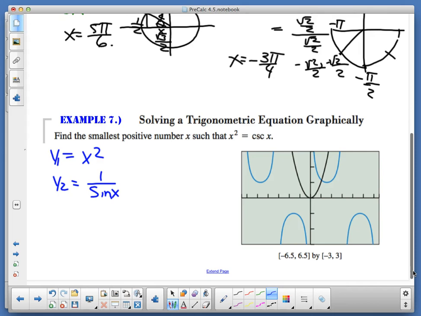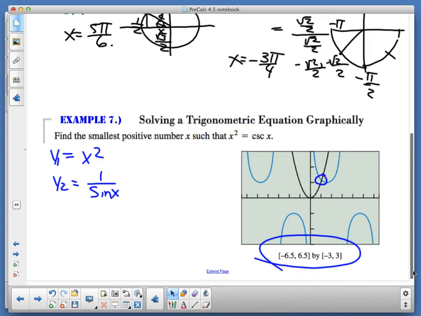And they give you a window. Use that window. I want to make sure you know what's happening with this. What you're going to do is have 2 graphs on your calculator, and you're looking for the intersection point. This bad boy right there. Okay, so get that set up on your calculator, and I'll see if I can get caught up to you.